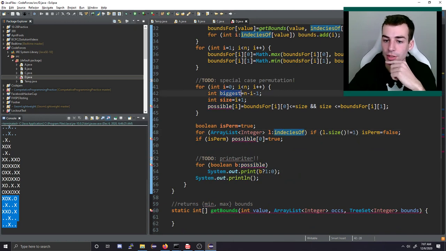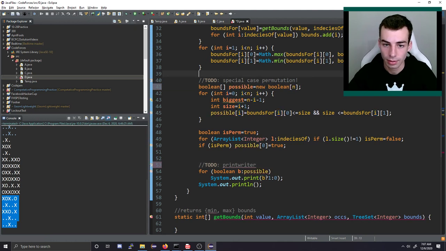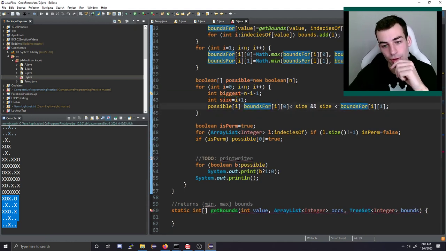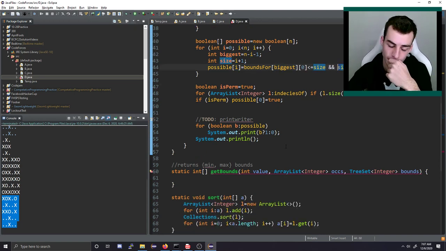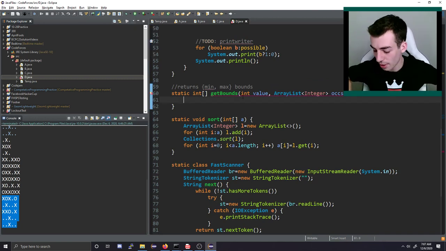What is this biggest matter? So this shouldn't be bounds for the biggest, not i. I need the bounds.